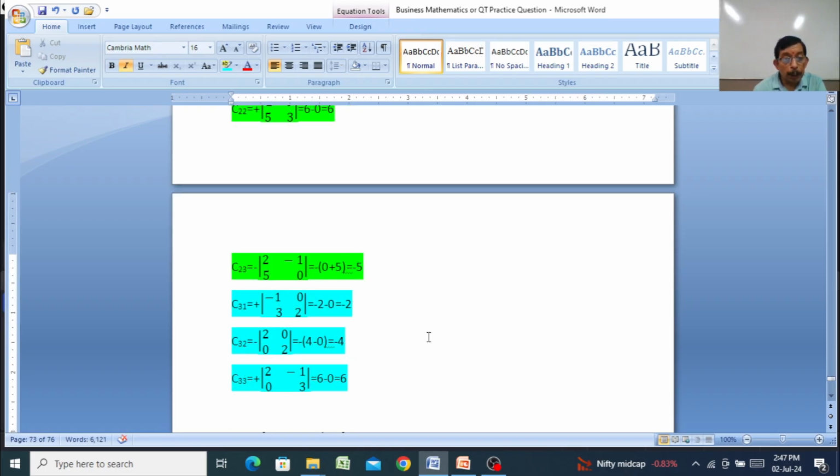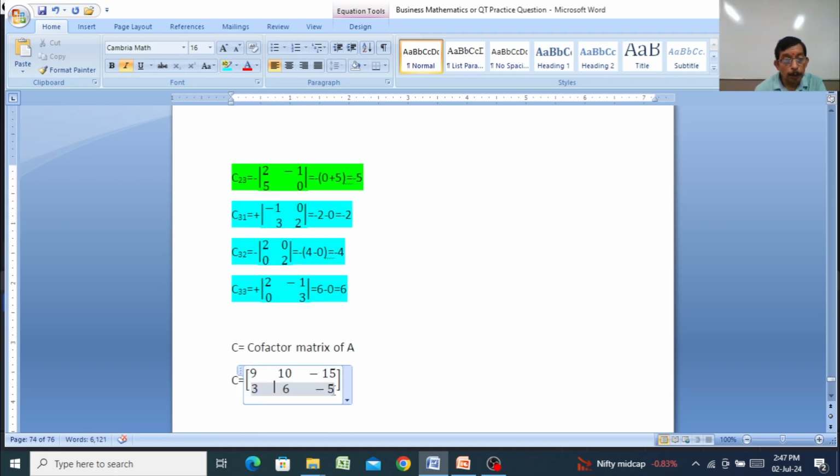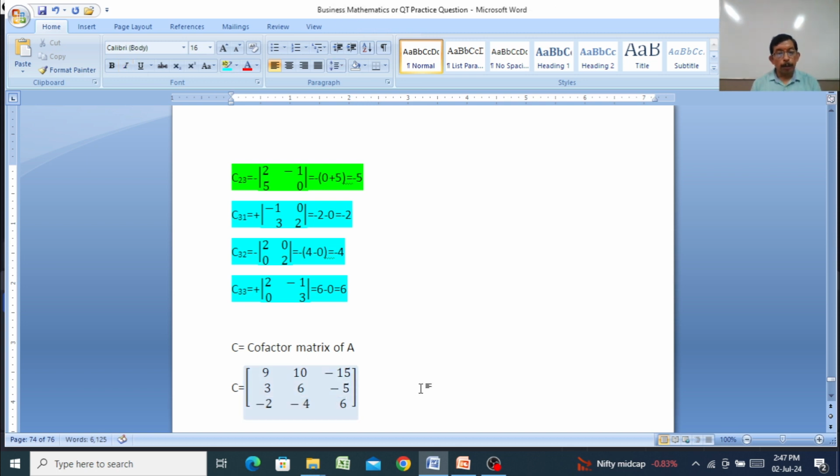Third row cofactors are minus 2, minus 4, 6. This is the cofactor matrix C.